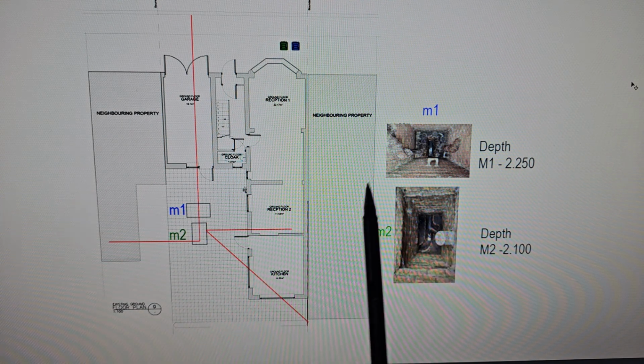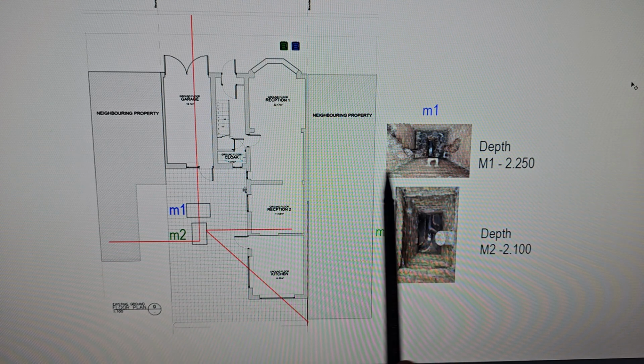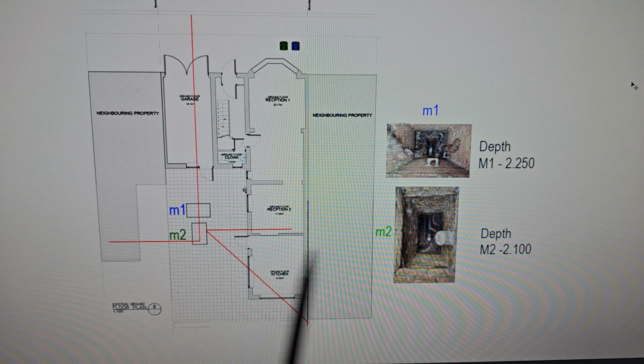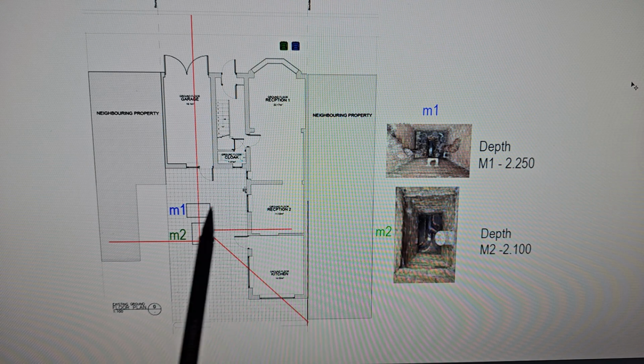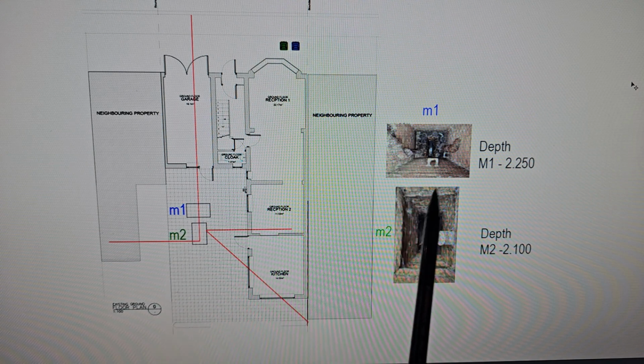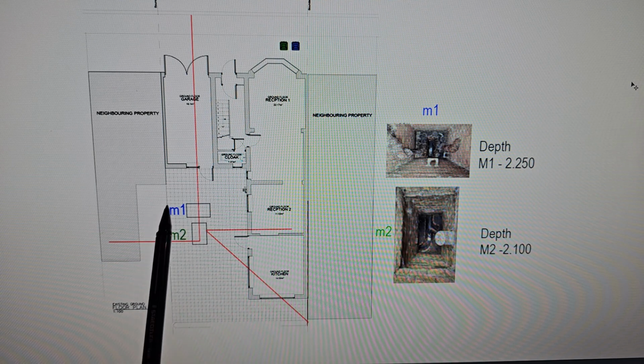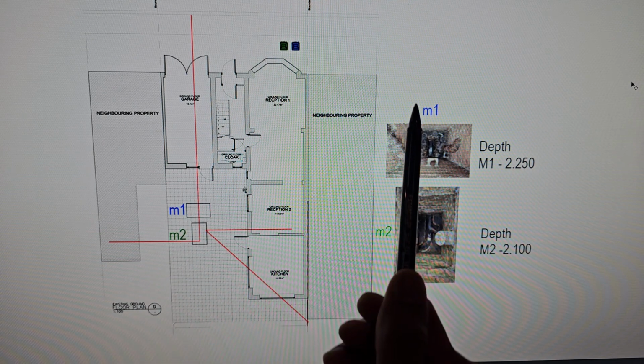As you can see, if you cross-reference the pictures with the illustration, you can see the drainage runs from a picture taken from inside both manholes, and the orientation of both of these manholes is correct. Manhole 1 is a straight run.